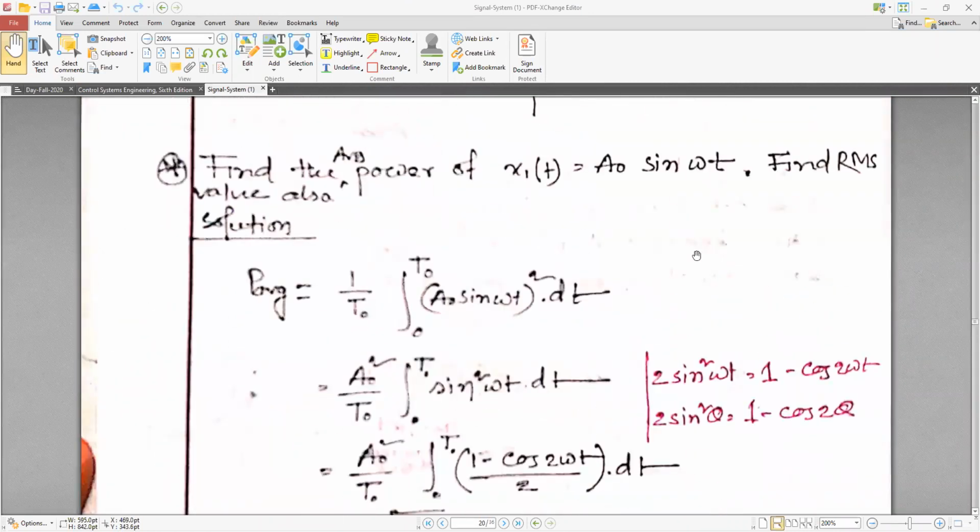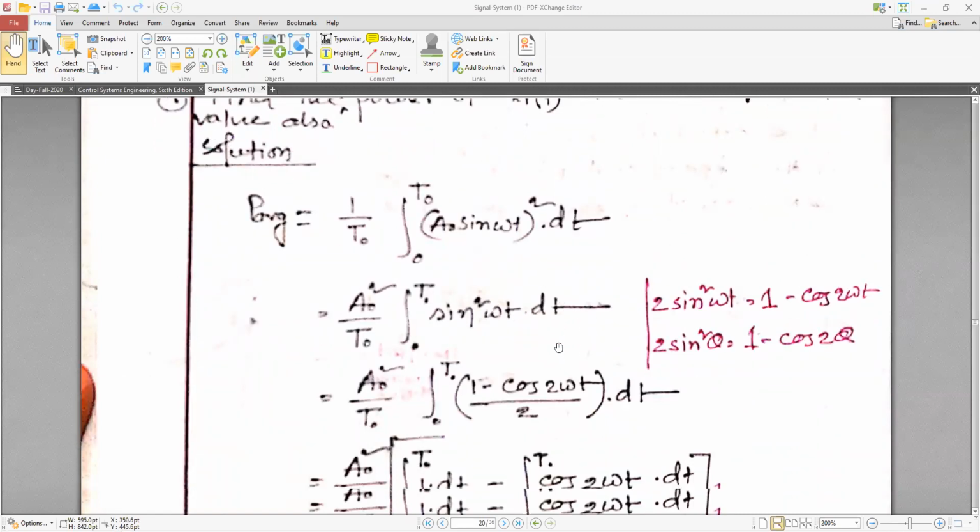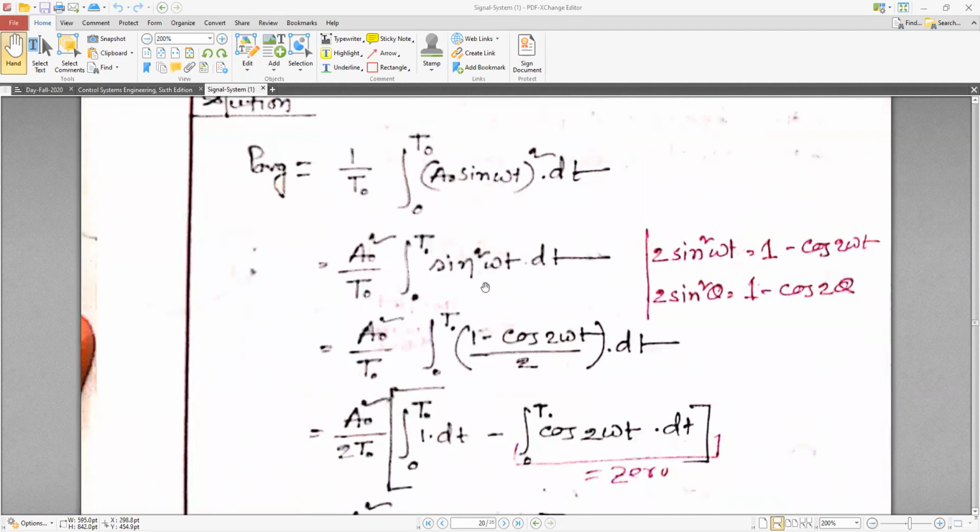So here is the average power. Average power is 1 by T0, integral 0 to T0, (A0 sin omega t) squared dt. So sin squared omega t dt. Instead of sin squared, we can write (1 minus cos 2 omega t) divided by 2.